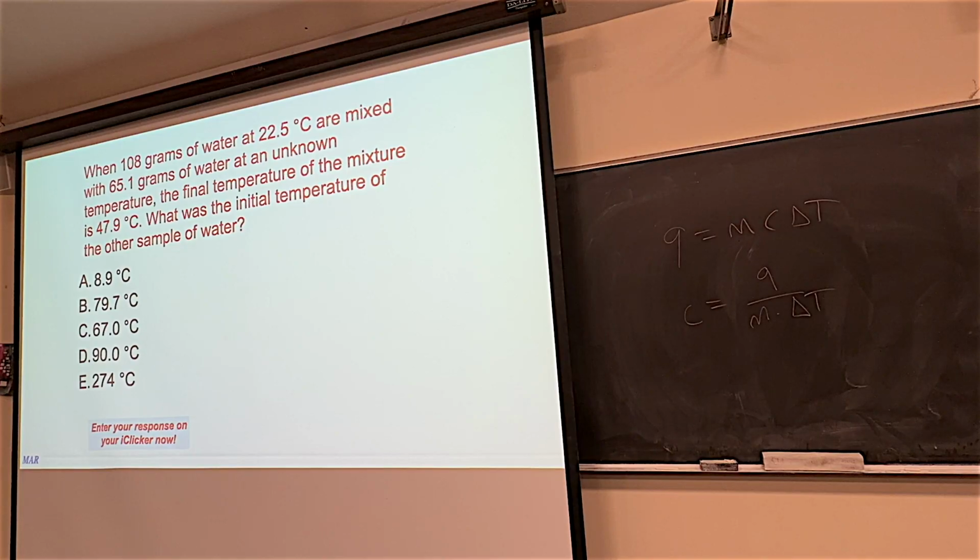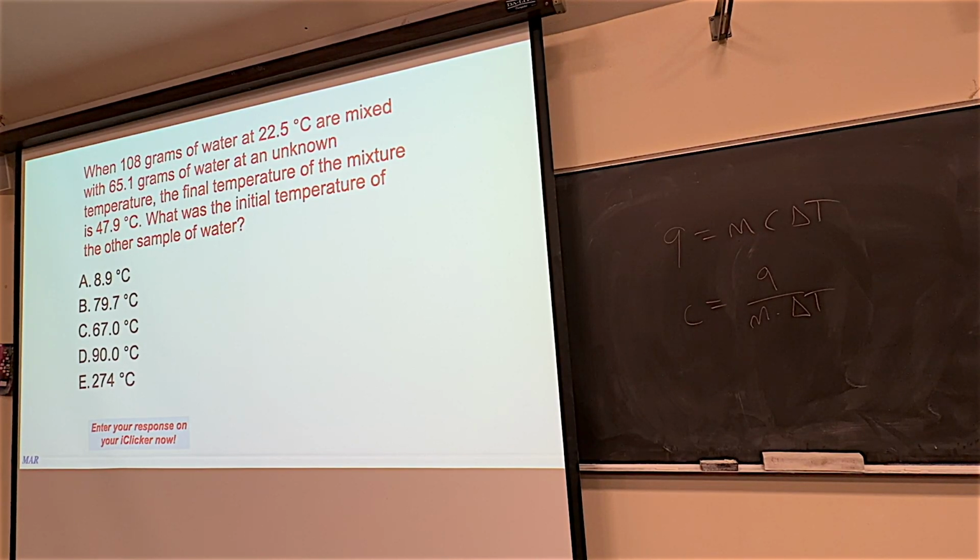So MC delta T of the cold water plus MC delta T of the hot water equals 0. Wait, it has to equal 0? Why does it have to equal 0? Cool. So all the energy of any system, you never lose or make any. It's always equal to 0 is what that means. All right.